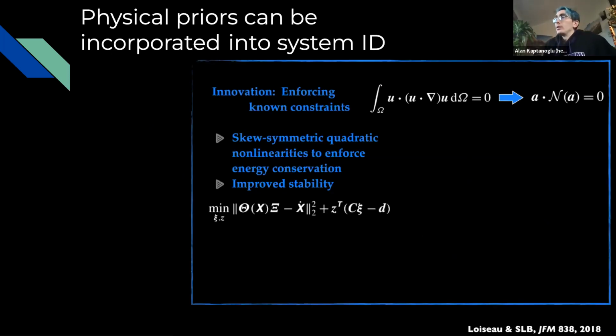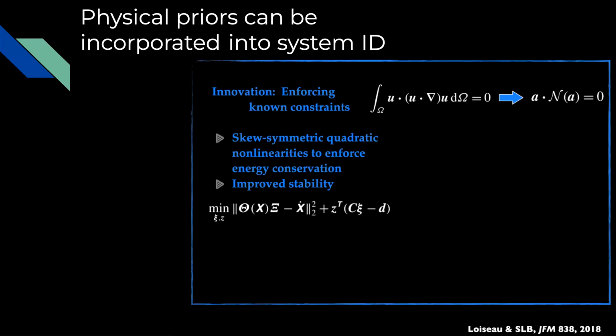Other things you might want to do is incorporate physical priors, physical constraints into system identification. A big one for fluid flows is that the convective nonlinearity in the Navier-Stokes equations is almost always globally energy preserving. So this is what this equation is encoding. And this means that this nonlinearity has a skew symmetric structure.